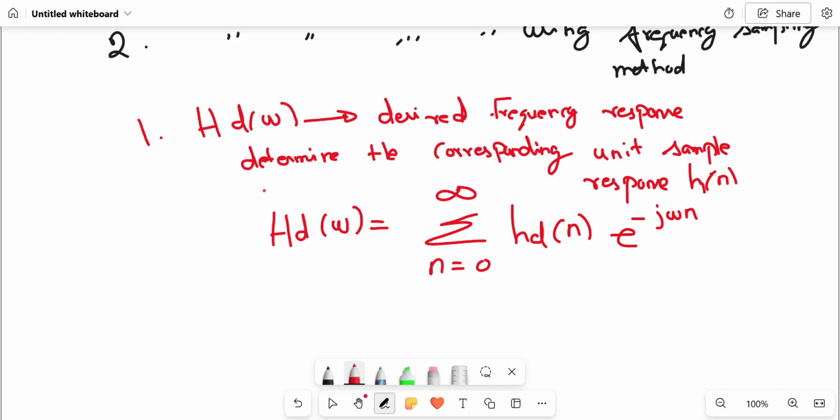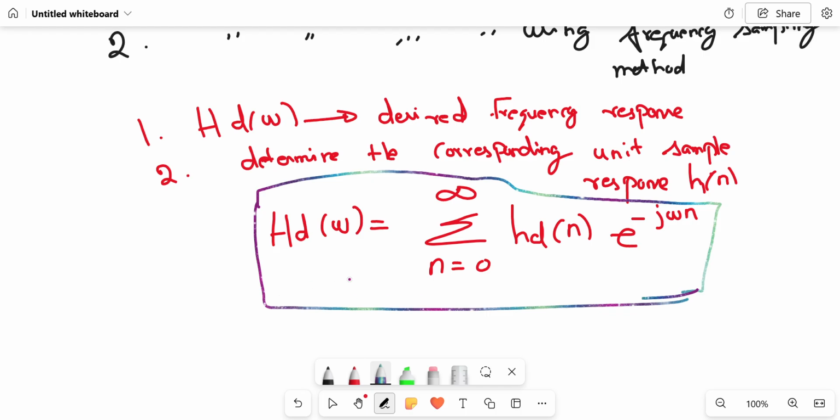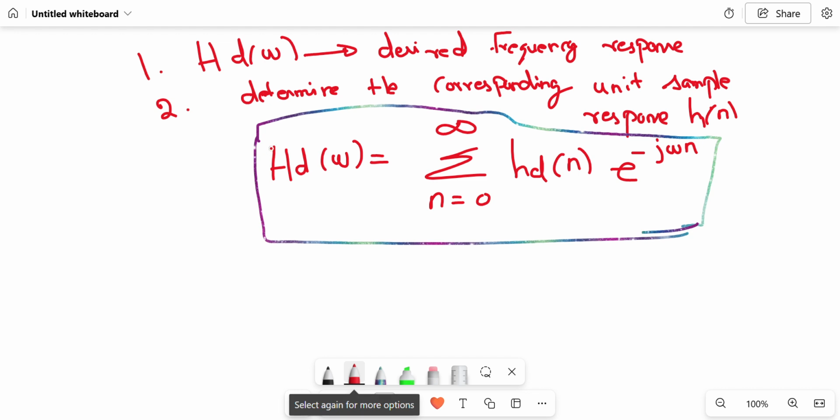Second step, determine the corresponding unit sample response, that is HD of n.